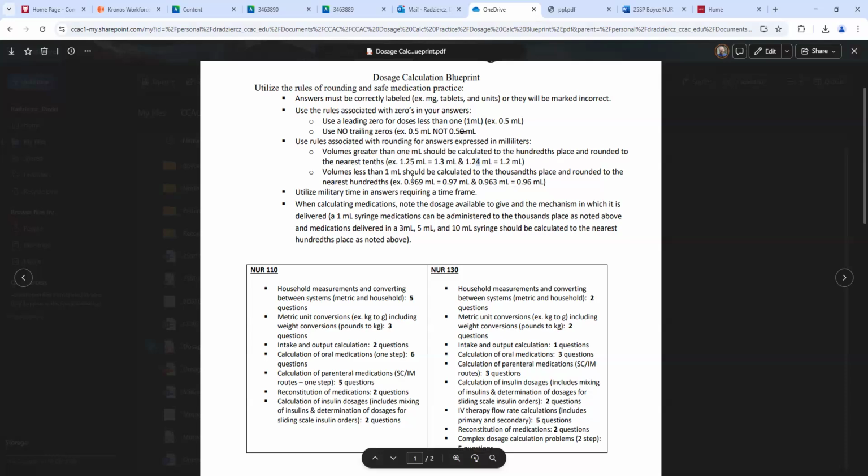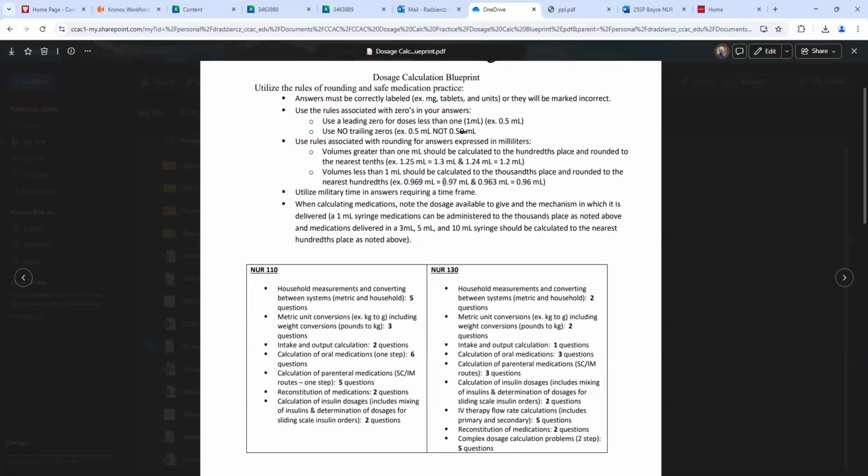If you have a volume that's less than 1 milliliter, so 0 point something, then you want to round it to the nearest hundredth in that instance. Now, I don't think you're going to get something like 0.969, but they want you to be as precise as possible, because I think we can all agree that's close enough to 1, which is probably what the answer is supposed to be.